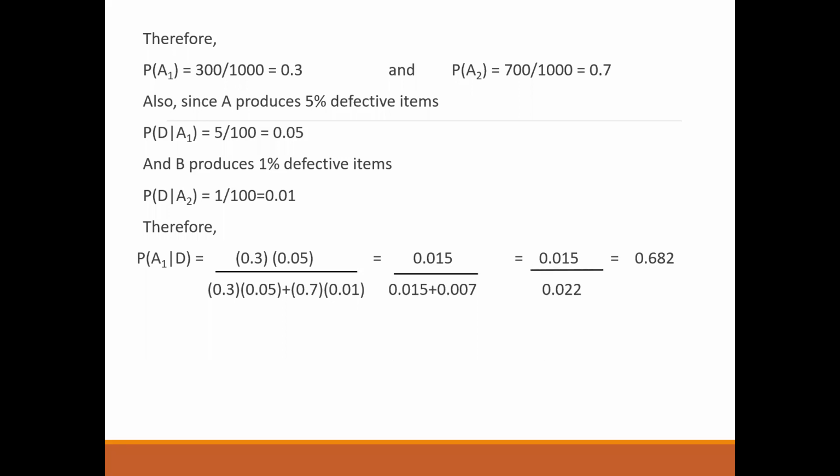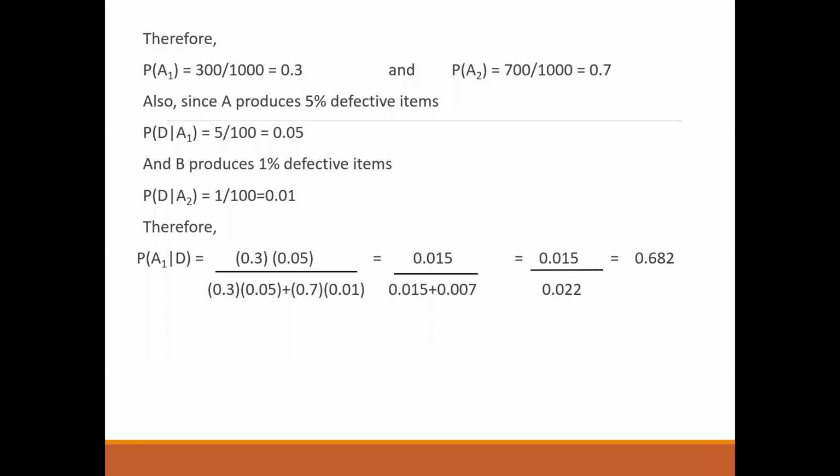Now, can you tell me the probability, not the second part, in the first part itself, that if I pick up an item randomly and it is defective, it is produced by machine B? Anyone? You need not do any calculation.